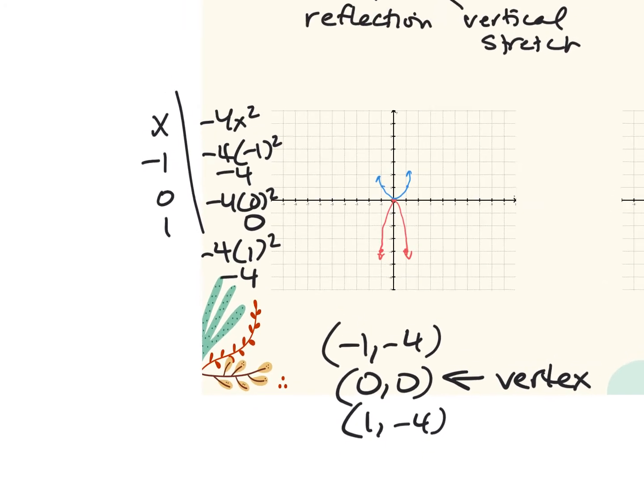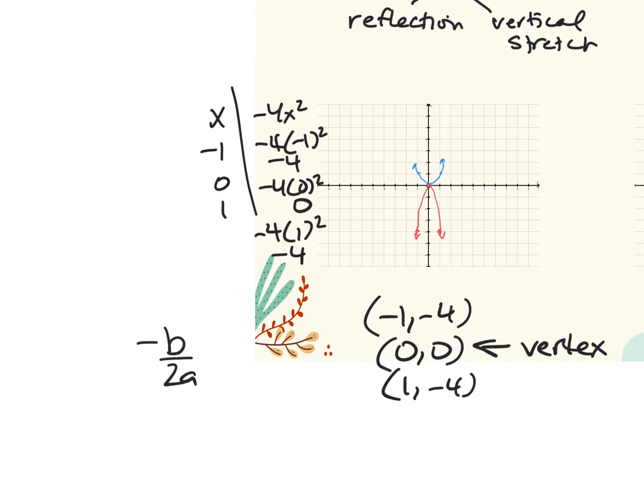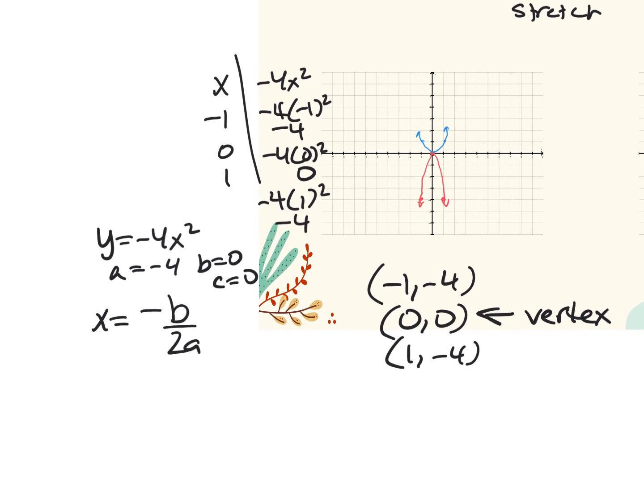Now, if you wanted to use the -b/2a to double check that that (0, 0) was your vertex, again, the equation was y equals -4x squared. Again, my a was -4, b is 0, c is 0. So if it doesn't have an x term or a c term, your vertex is always going to be at that origin.